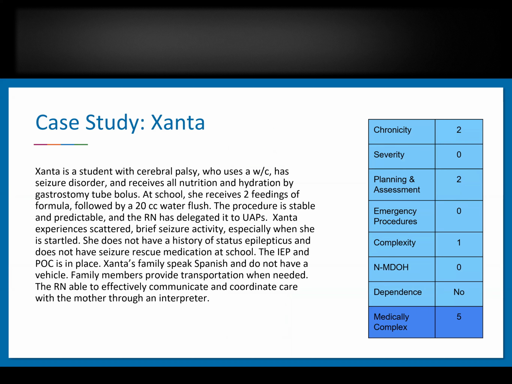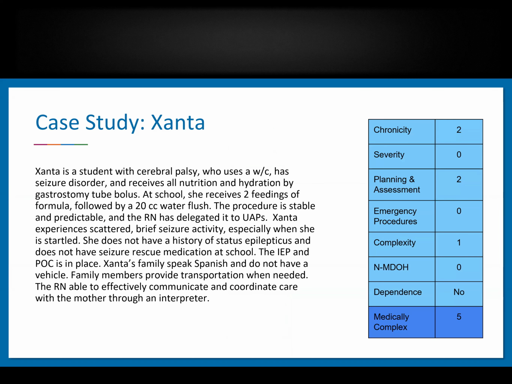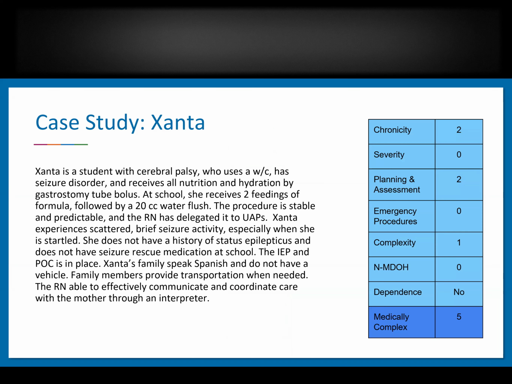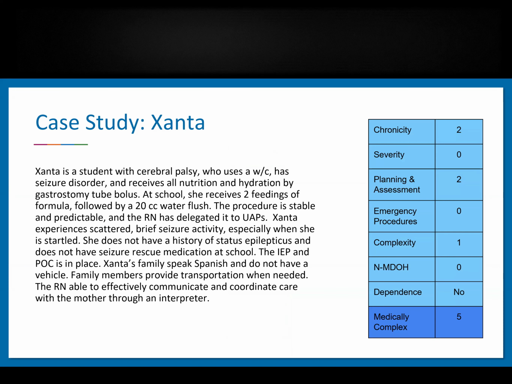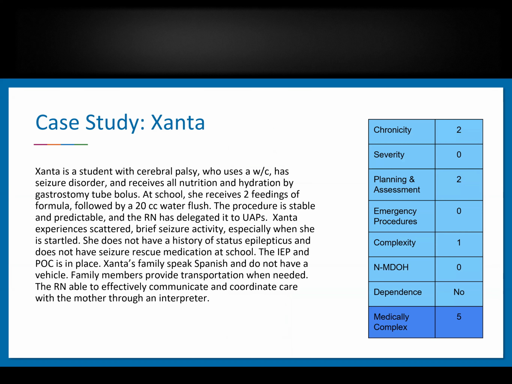Xanta is a student with cerebral palsy who uses a wheelchair, has a seizure disorder, and receives all nutrition and hydration via gastrostomy tube. At school, she receives 2 feedings of formula followed by a 20 cc water flush. Procedure is stable and predictable, and the RN has delegated it to UAPs. Xanta experiences scattered brief seizure activity, especially when she is startled.